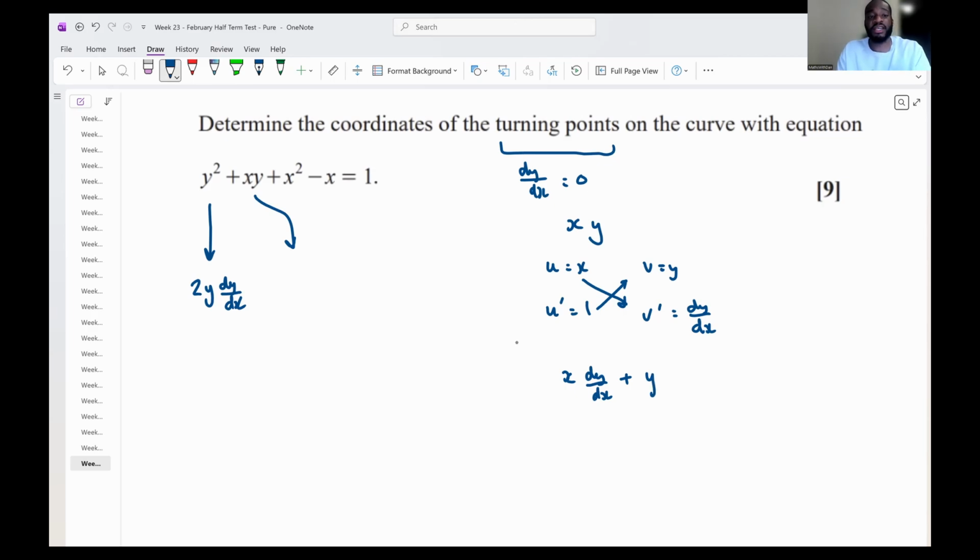So this is the derivative of xy, plus x dy/dx plus y. Then x squared goes to 2x, and minus x goes to minus 1.